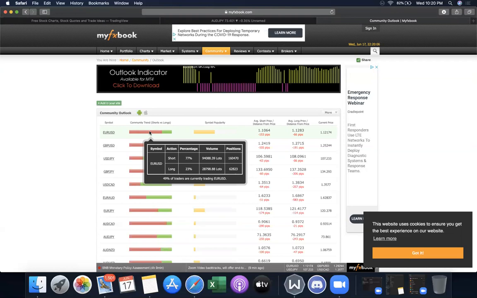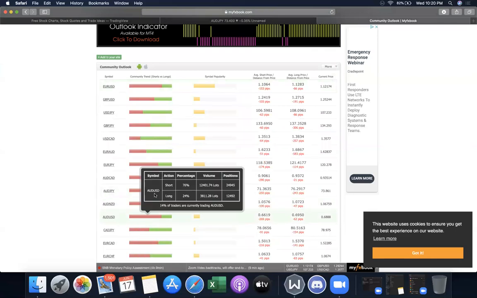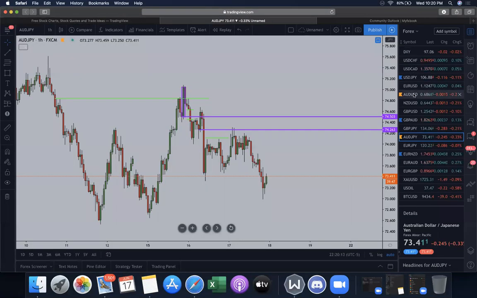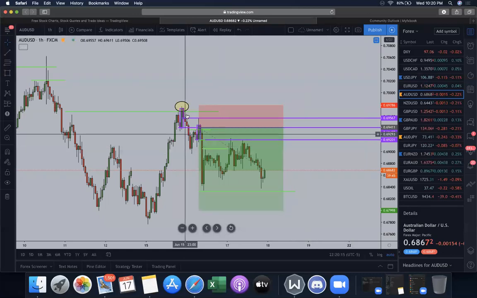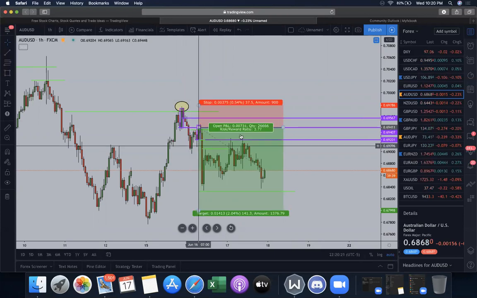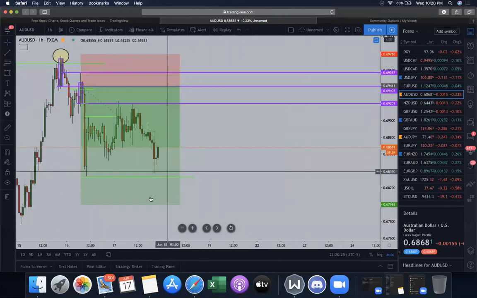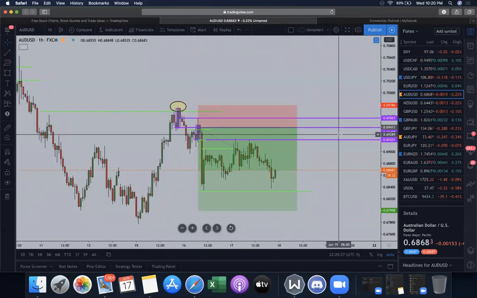But sometimes you will see, look, AUD/USD, everyone's been selling AUD/USD. So even our sell setups went in the direction as well. But you can see there's a lot of consolidation. We don't know how many traders are trapped in here, but that's just a good tool to use as well.